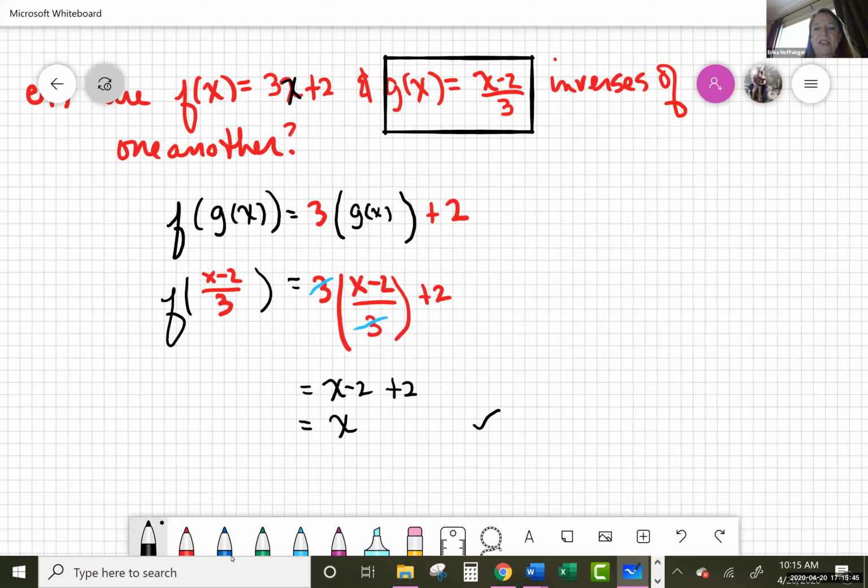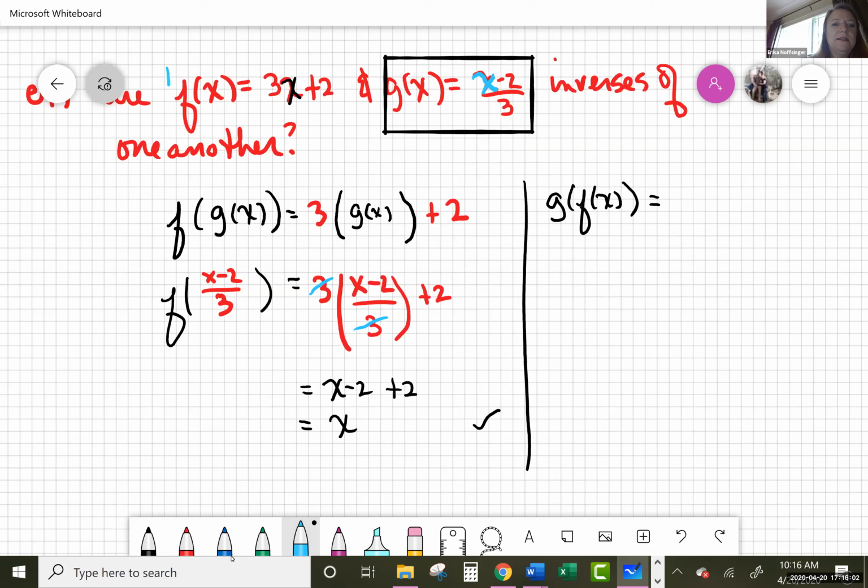So let's try it the other direction. So let's look at g of f of x. So this time, wherever I see an x in g of x, I'm going to replace it with my f of x function. And so let's write g of x. So I see an x, I'm going to put a parentheses because I'm going to rewrite f of x there.